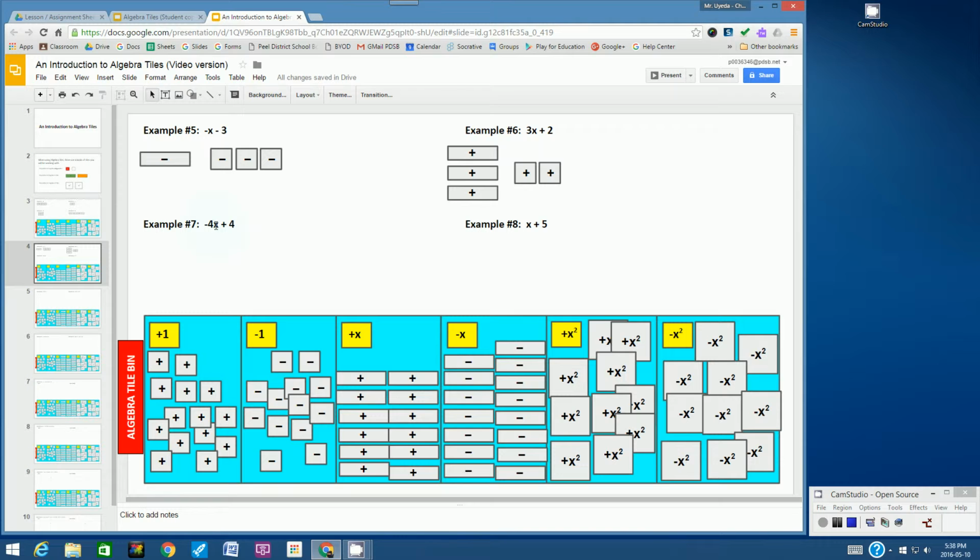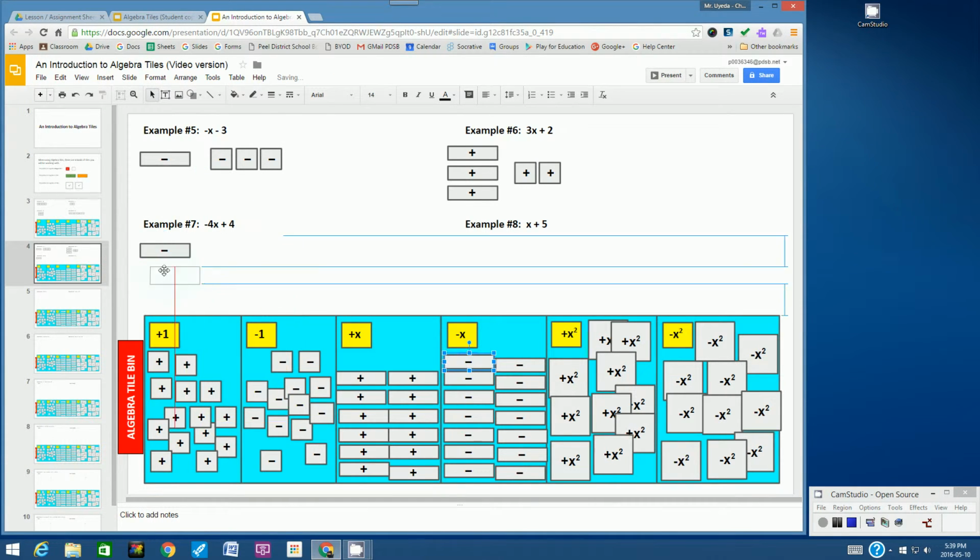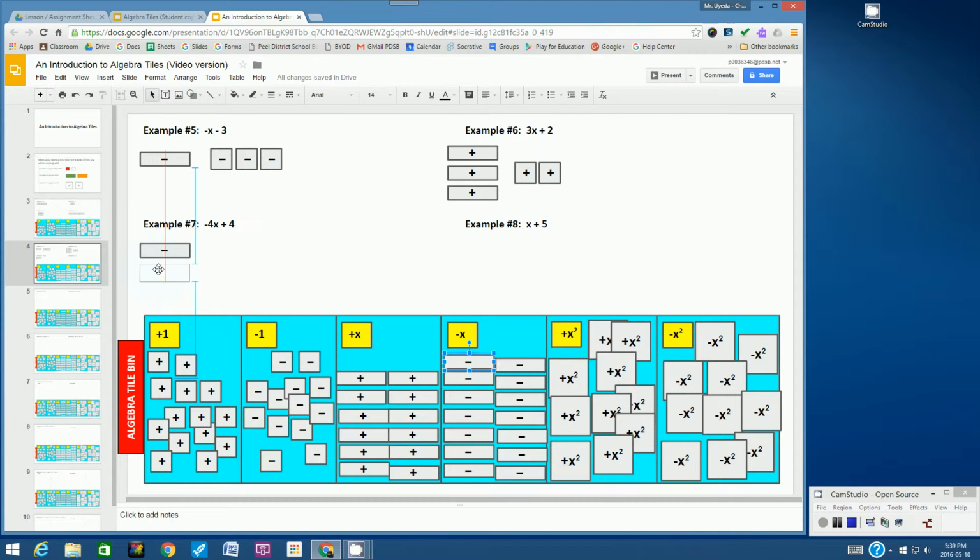Okay, let's go to example 7. Let's look for any x terms. We have negative 4x. How would you represent that? I've got my negative 4x rectangles, and I've clustered them all together.